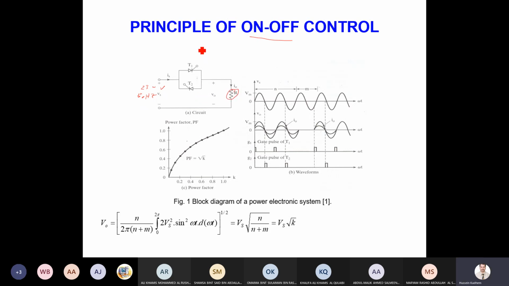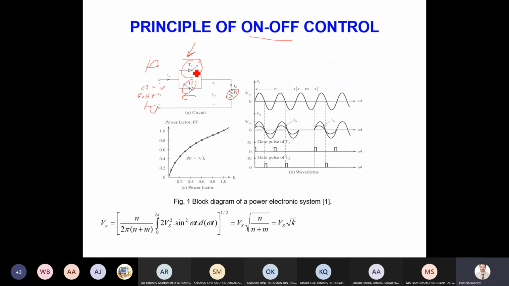The circuit is very simple. Two thyristors, or switches, transistor, whatever they are, connected anti-parallel. Anti-parallel means opposite direction. Okay? One of them controls the positive part, and the second one controls the negative part.